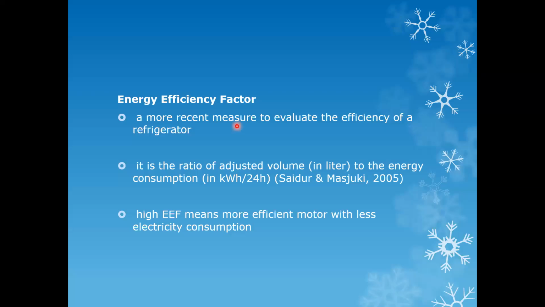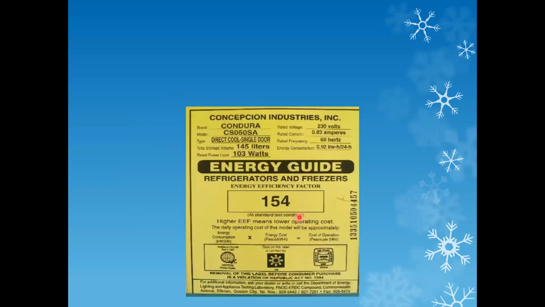Next is the energy efficiency factor. It's also a measure of efficiency of the refrigerator, and it's actually the ratio of the volume in liters to the energy consumption. So high EF means a more efficient motor. Not sure if when you go to appliance stores you can see this yellow label.